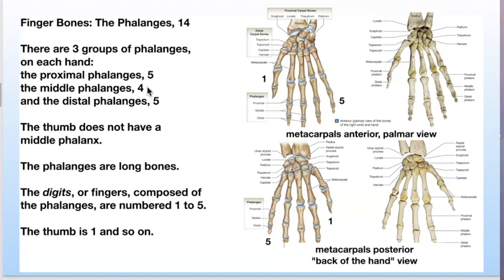The phalanges are long bones. Now, if you're going to talk about a finger, not a finger bone, but a finger, then fingers are called digits, and they're composed of 2 to 3 phalanges, and they're numbered 1 to 5, with 1 being the thumb, and then going across to the pinky, which is digit number 5. And these are not in Roman numerals. These are just in normal numbers that we're used to, 1 through 5.